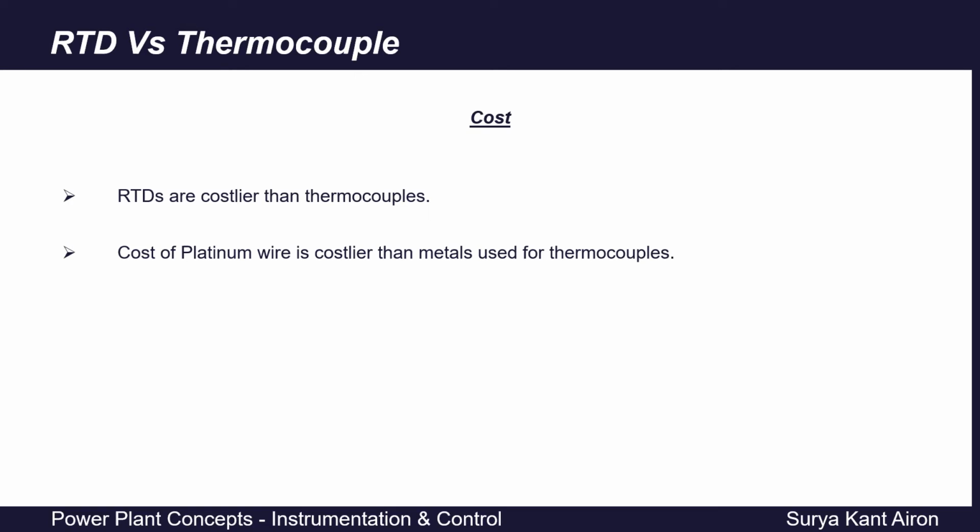So cost wise also thermocouples are better. Till now we have seen that accuracy wise RTD is better, measurement range wise thermocouples are better, response time wise thermocouples are better, and cost wise thermocouples are cheaper.